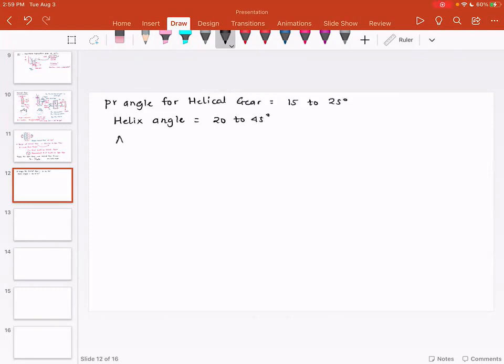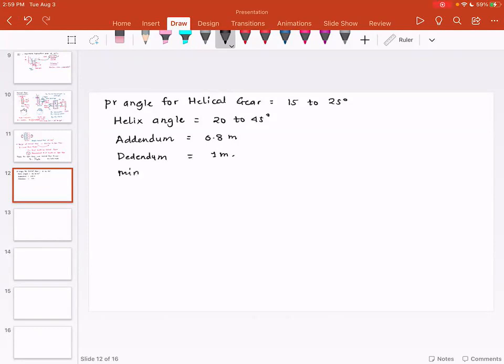Addendum is usually 0.8 times module. Dedendum is 1 times module.